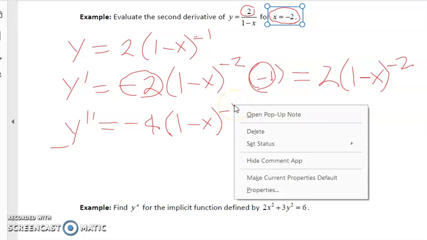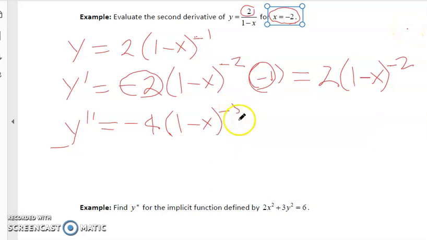But then you also have to multiply that once again by the derivative of the inside part. So 1 minus x, the derivative of that is minus 1. So really, you again can multiply the negative 4 times the negative 1. That's just 4. And you can even put this down in your denominator if you want. So here's what your second derivative really is, a 4.